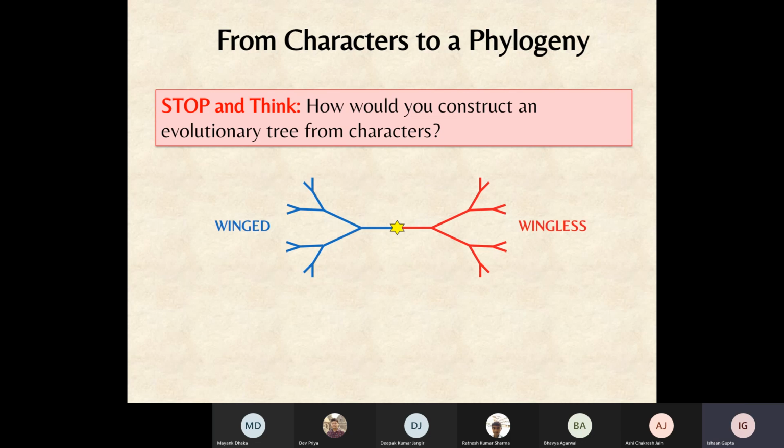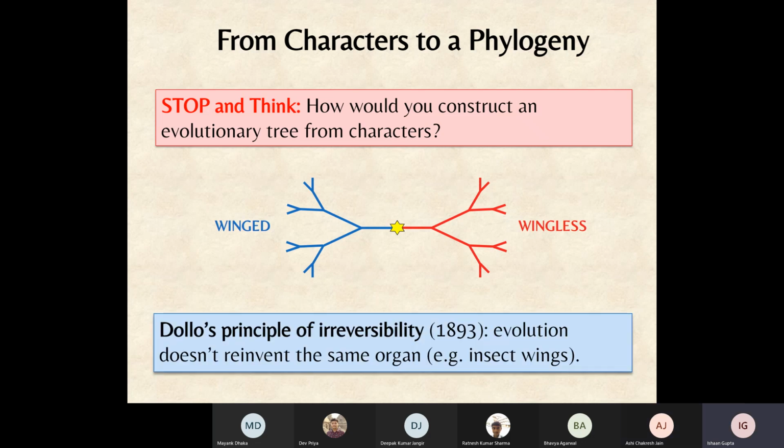When you actually do this from different characters, there is one problem that has been seen. It's perfectly reasonable to assume that if you make a phylogenetic tree, the winged insects and wingless insects are going to be separated, right? Is this clear? Would everybody expect the same? Yes, sir. This is actually called Dollo's principle of irreversibility, which basically says that evolution is smart.